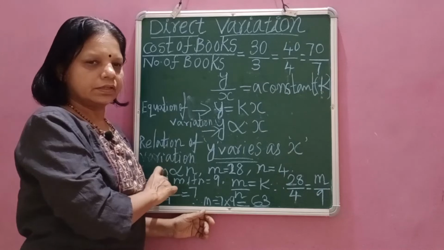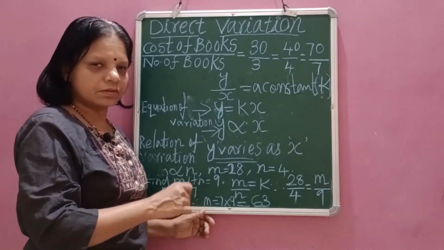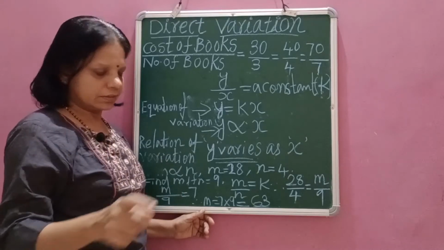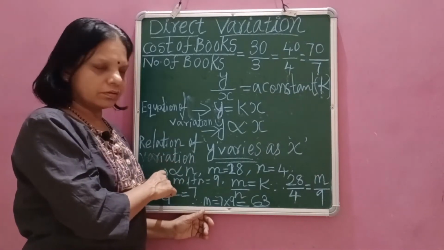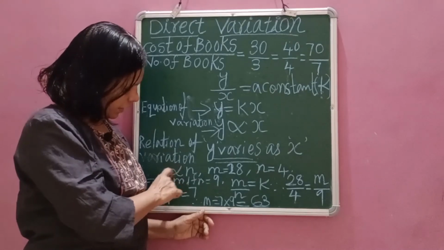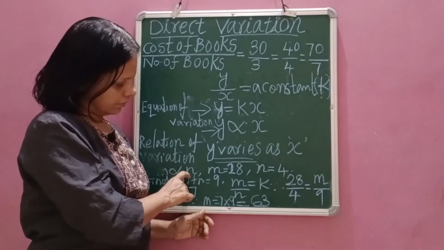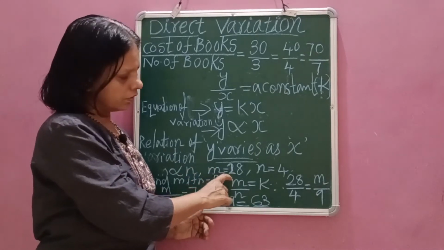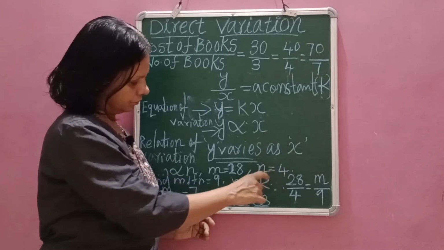Given that m and n are two quantities in direct variation. What is it represented using the symbol? m varies as n. And given m equal to 28, n equal to 4.